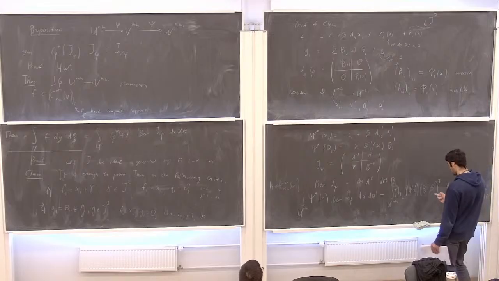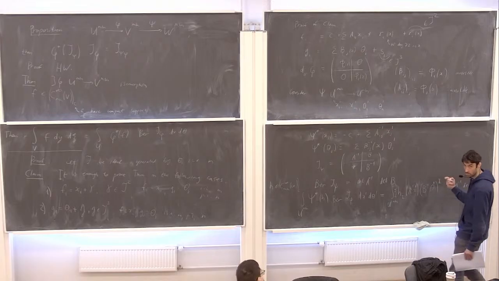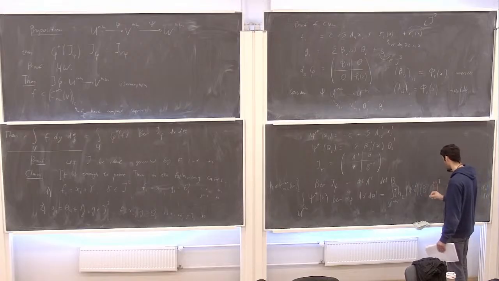Let's see. So I need a term here which gives me theta prime 1, theta prime 2, and so on, all the way to theta prime n. So this gives me really the determinant of B inverse right here.